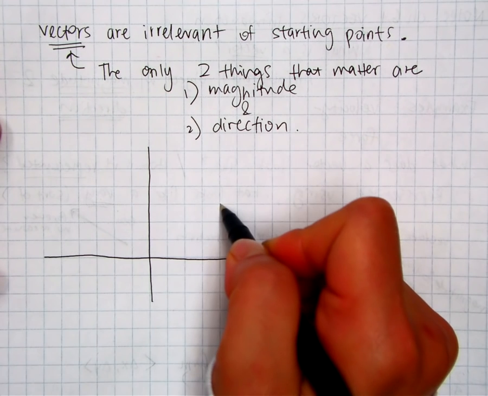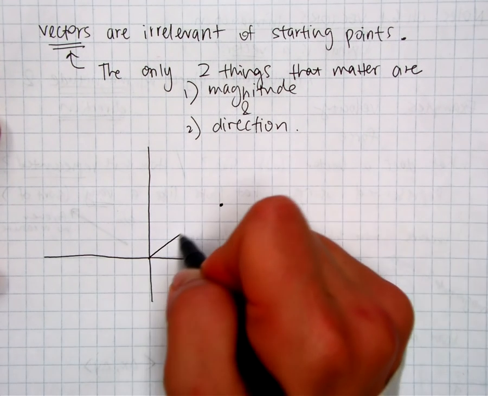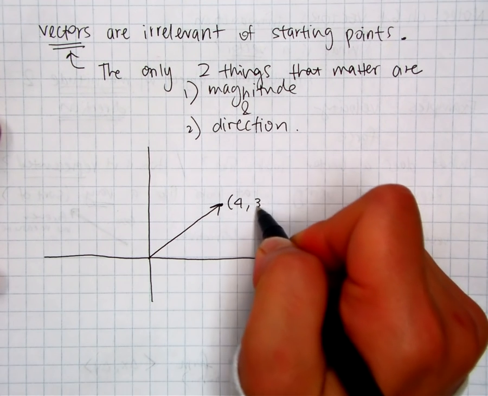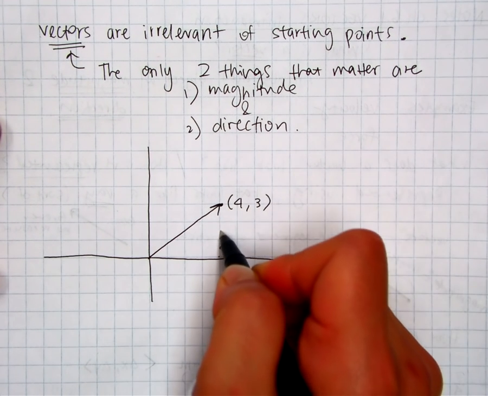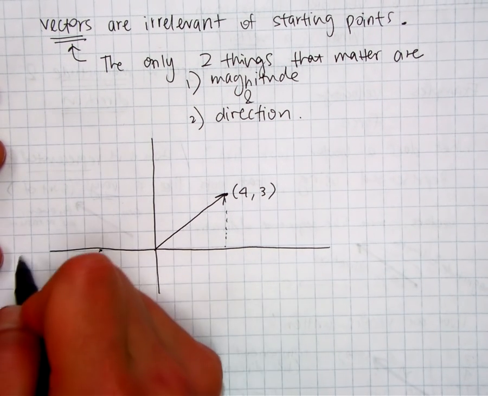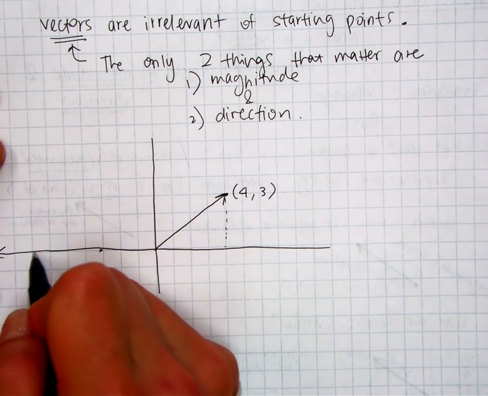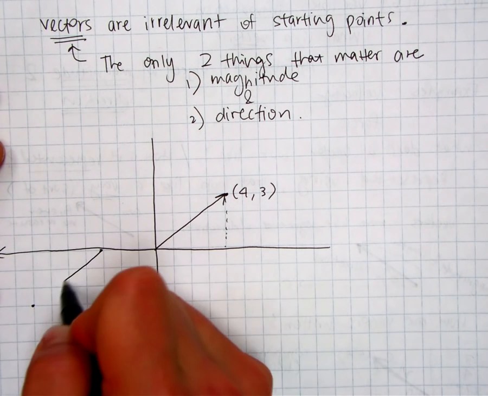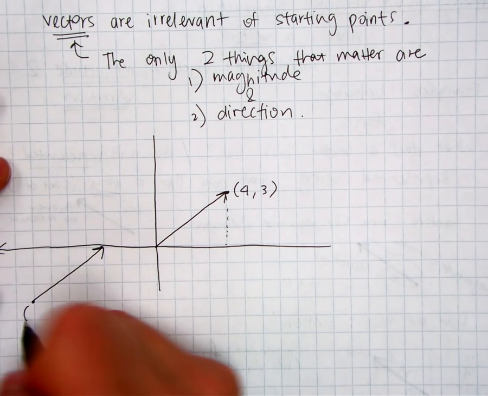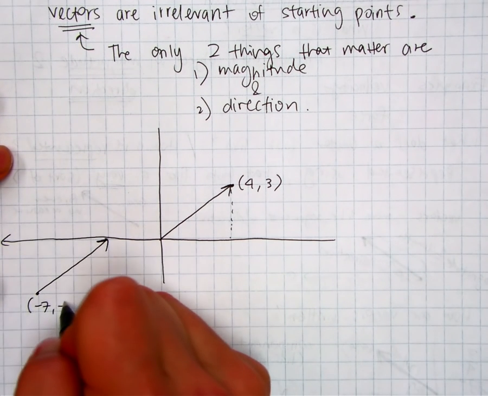over 4 and up 3 again because that gives me a nice 3, 4, 5 triangle. I went over 4, up 3. Let's say I had one over here. This is the point -7, -3.